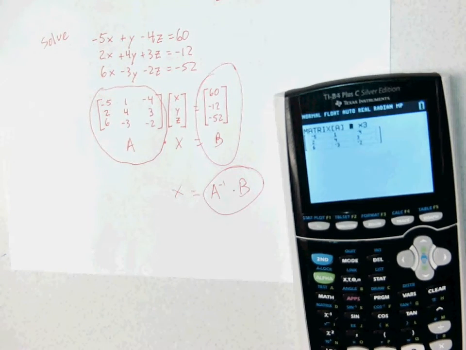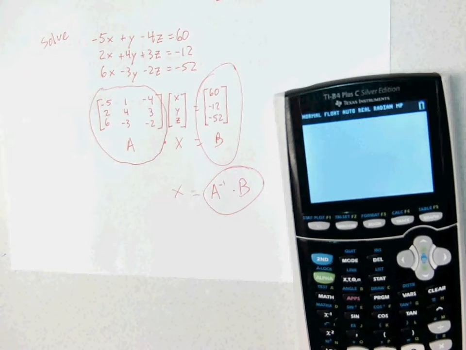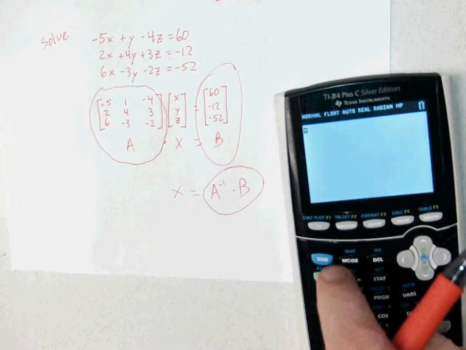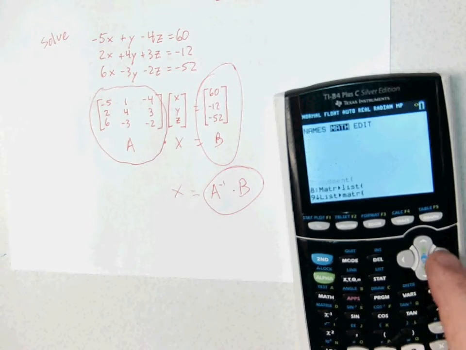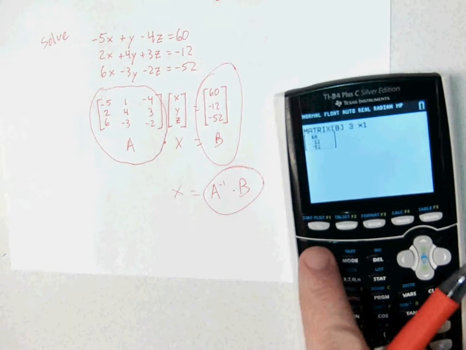So then you can go put in matrix A. And then when you're done, you'll quit. Then, second matrix, edit B. It's a 3 by 1 with 60, negative 12, and negative 52. And then you're going to quit.